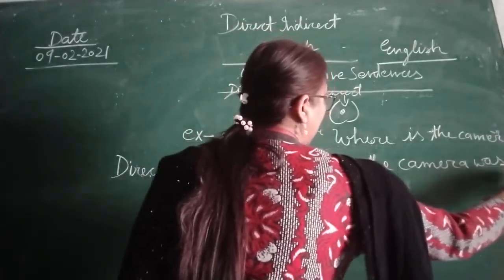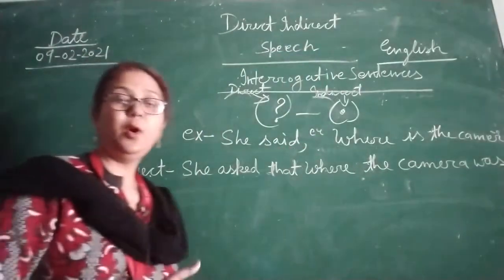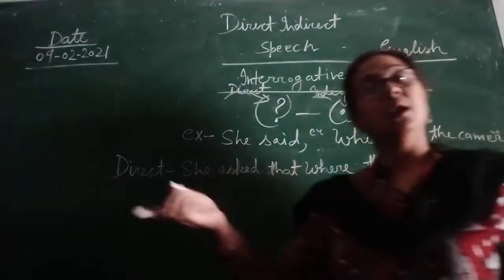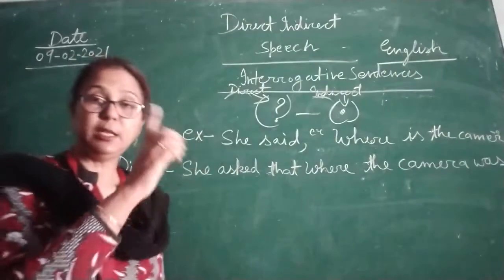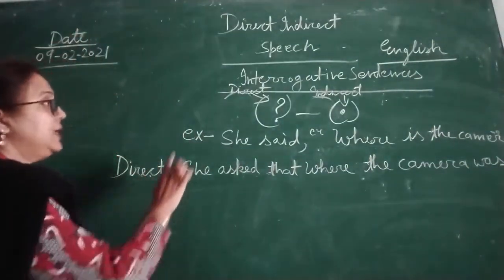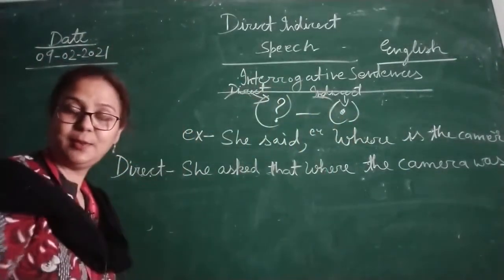Okay. Now after that we will put a full stop. So this is a very important rule: whenever you are writing an interrogative sentence from direct to indirect speech, always remember that we will change the question mark to a full stop. This is the first rule.